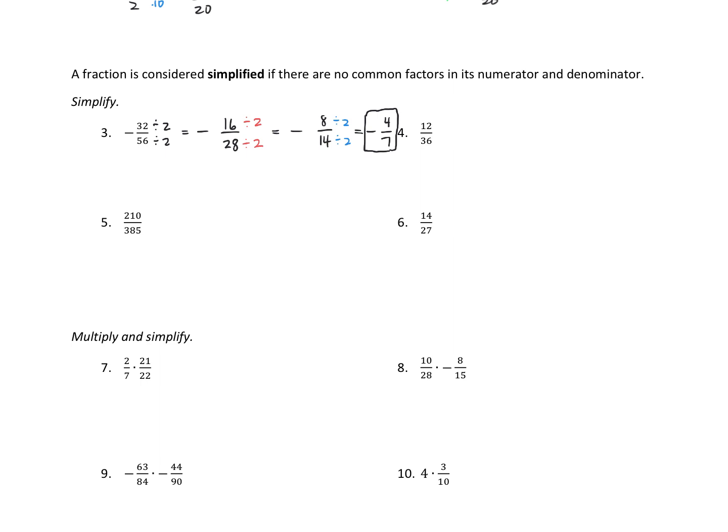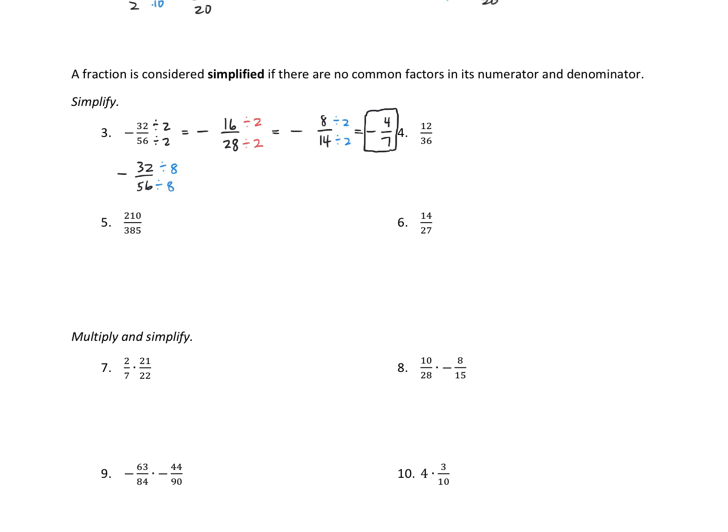Notice I had to keep going until I couldn't possibly divide both of the numbers by the same whole number. Since we had to do 3 steps, this means I could have actually taken a bigger number out in the beginning. So negative 32 over 56, both of these numbers are actually divisible by 8.